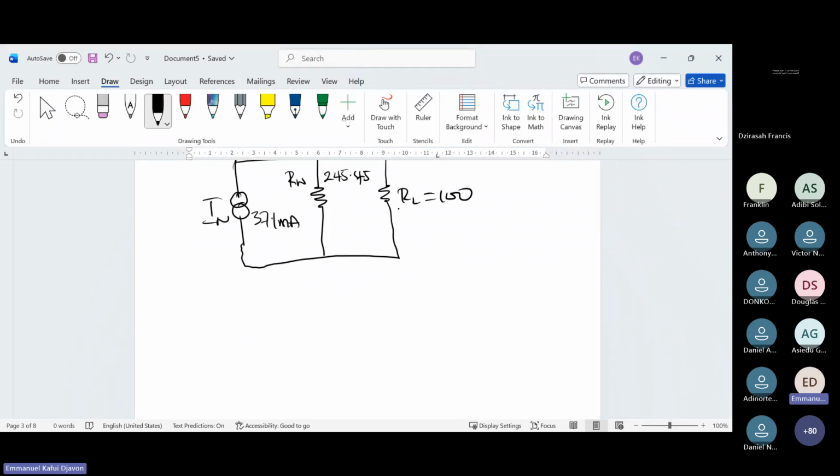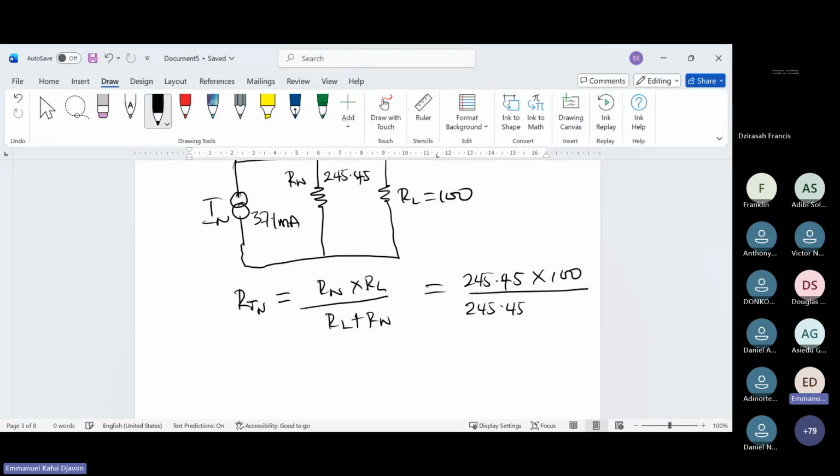You need to get the total resistance here in parallel. So RTN, let me call it that way. Rn times RL all over RL plus Rn. That will give me 245.45 times 100 all over 245.45 plus 100.